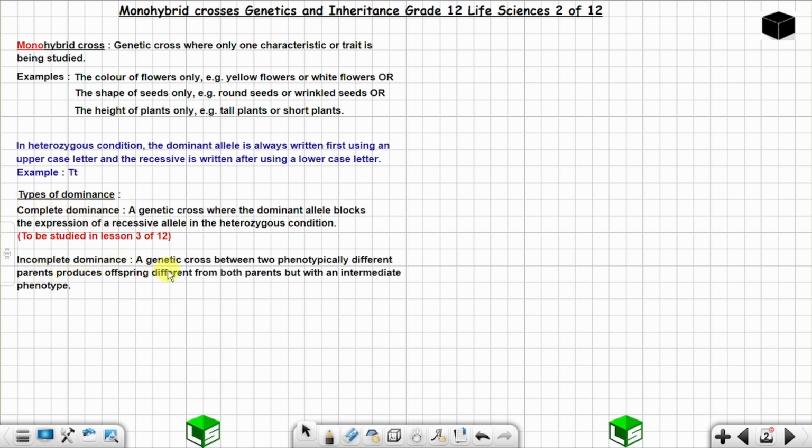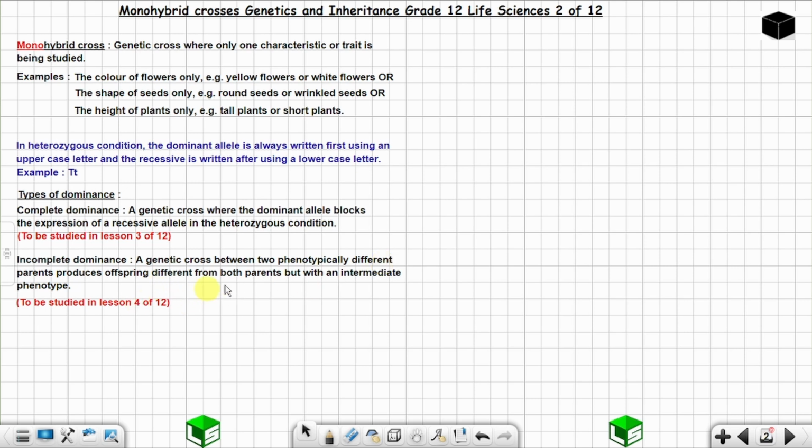This is a genetic cross between two phenotypically different parents that produces offspring different from both parents but with an intermediate phenotype. Phenotypically different means the physical appearance is different.